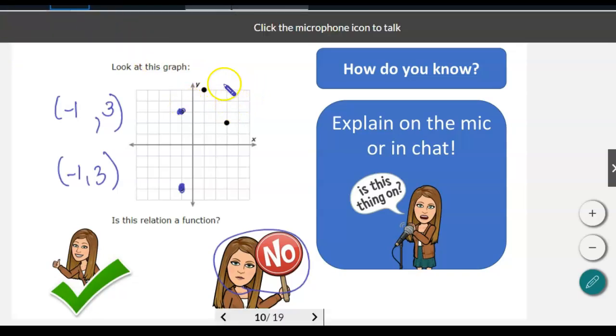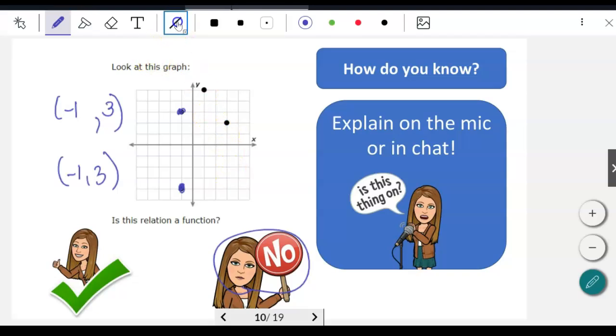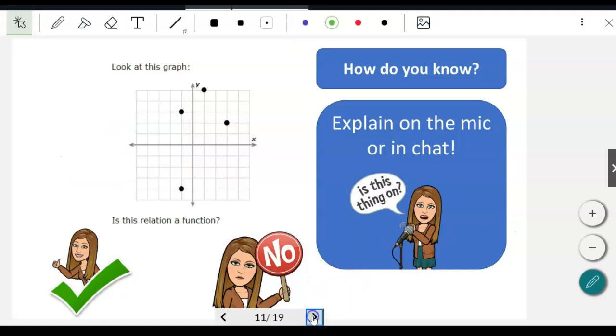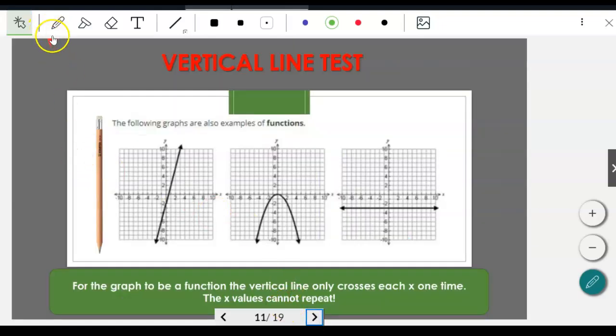Now, next, we are going to talk about the vertical line test. So let me just show you on this one. If you put a vertical line, vertical means up and down, like you can take a pencil, if it goes through more than one point, it's not a function. So here is the rule right here. So we've got our vertical line. Again, you can use a pencil.